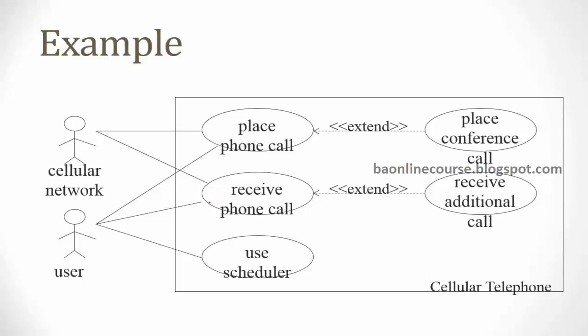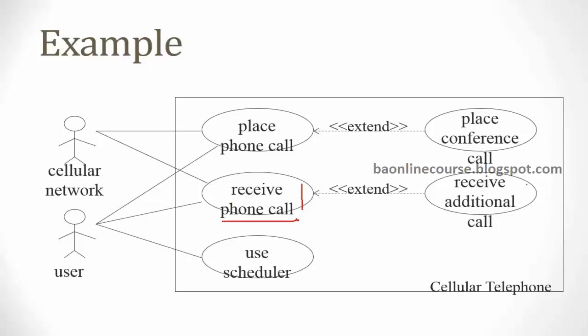But sometimes, maybe when you're already talking, you might receive a second call. So what options do you have? You can either place this call on hold and then take that call, or you can end this call and then take the additional call, or you can continue with the call and ignore the other call as well, right? So when I ask you about capturing the requirement about receiving a phone call, you will just capture the basic steps.